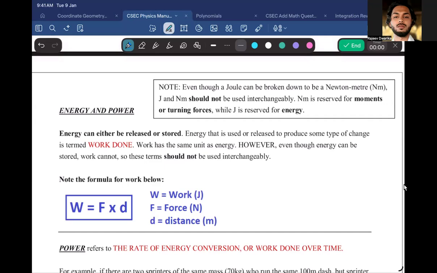So you remember when you were doing moments, right? Yes, sir. What's the formula for moments? Moment is equal to what by what?